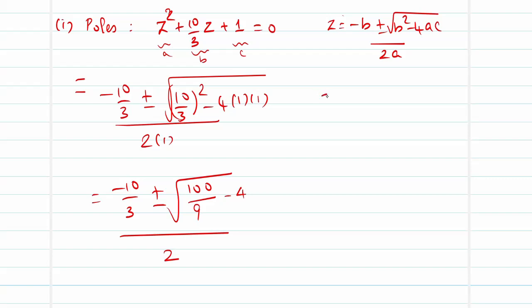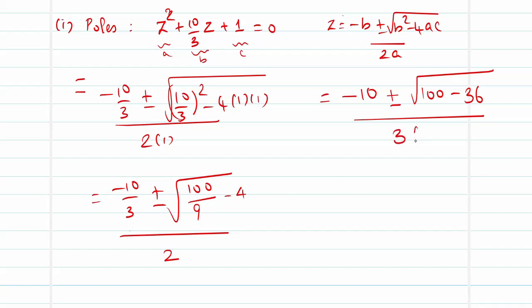So let me take the LCM. Minus 10 plus or minus the square root of 100 minus 9 fours are 36, divided by 3 over here, and square root of 9 will be 3 over here. So 3 comes to the denominator, and already there is a 2 in the denominator. Minus 10 plus or minus root over 64 divided by 3 twos are 6.